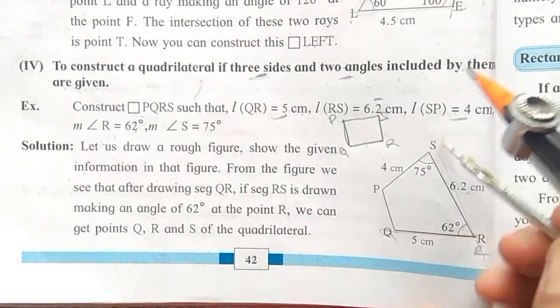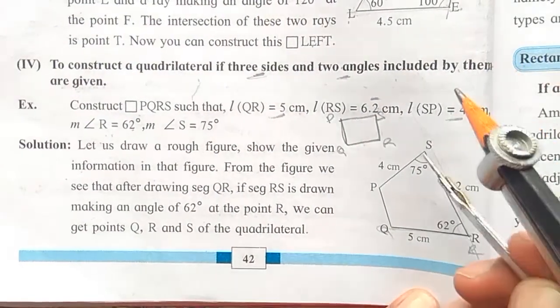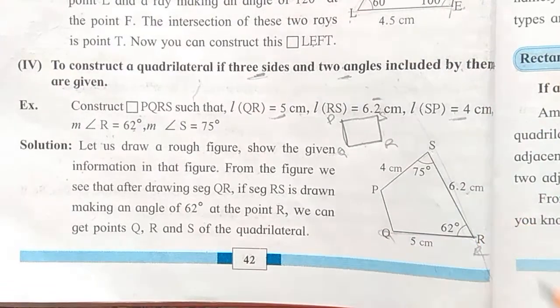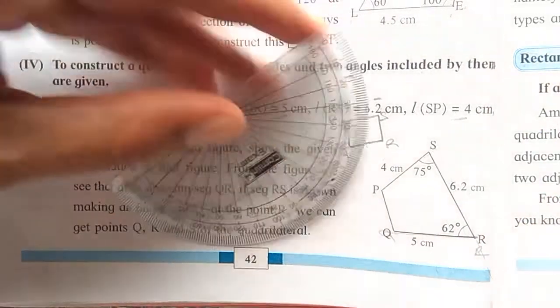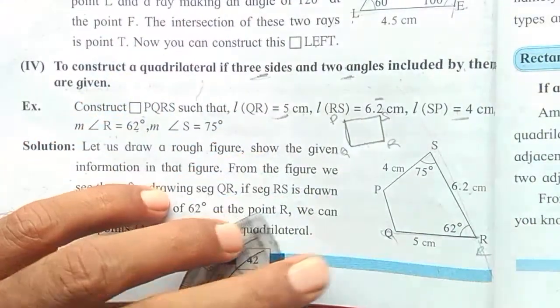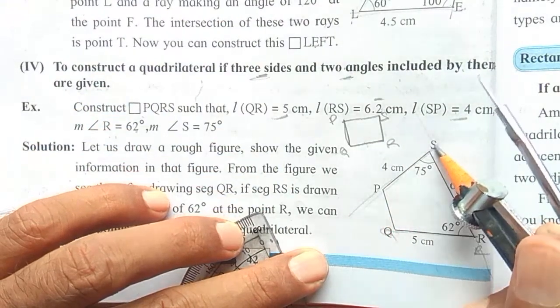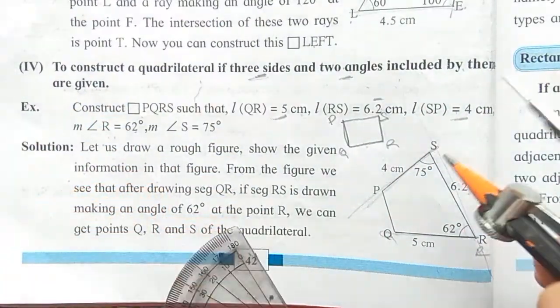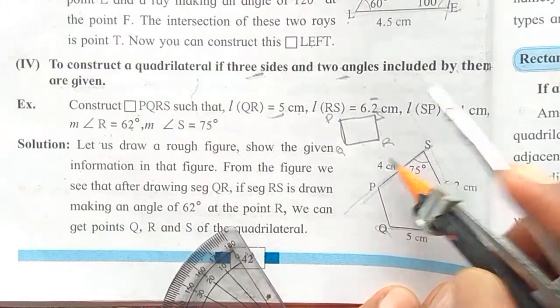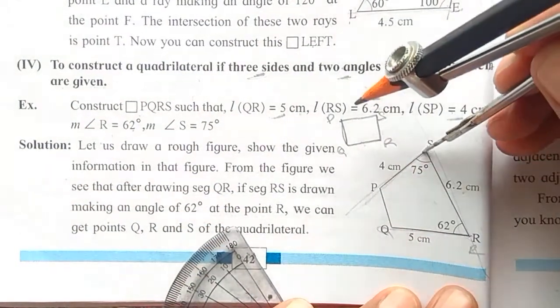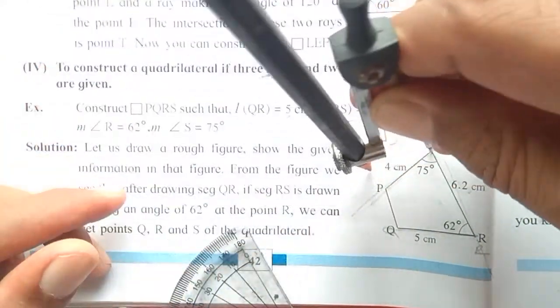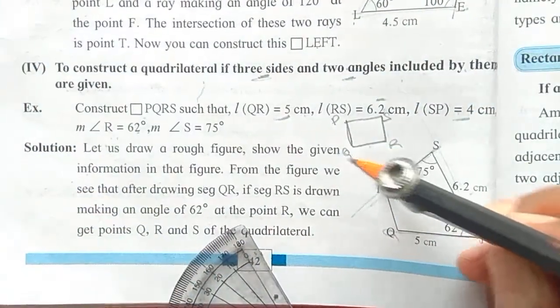You will get the point S. Then from point S, take a 75 degrees angle and draw a straight line. Then what condition is given? That this side should be 4 centimeter. Then in compass take 4 centimeter distance and make an arc. You will get the point P.